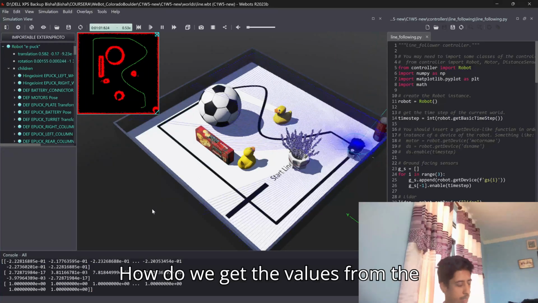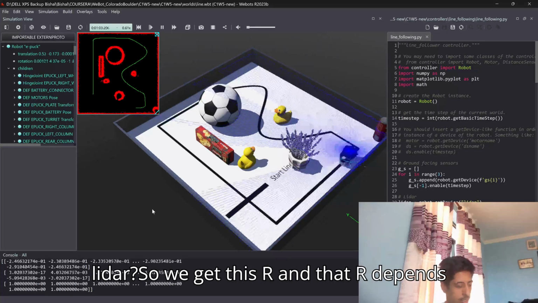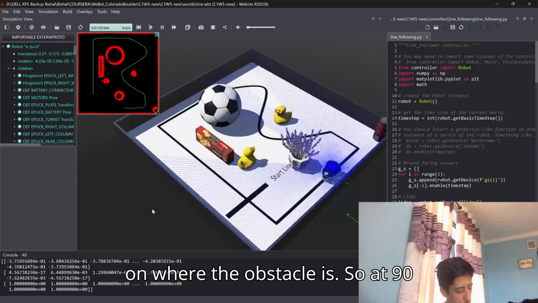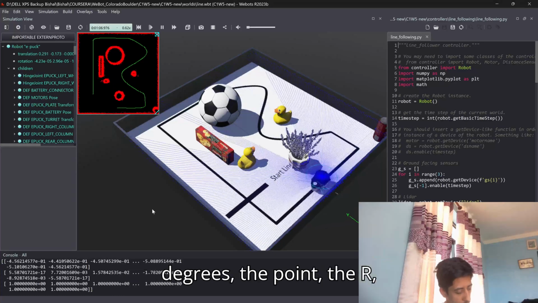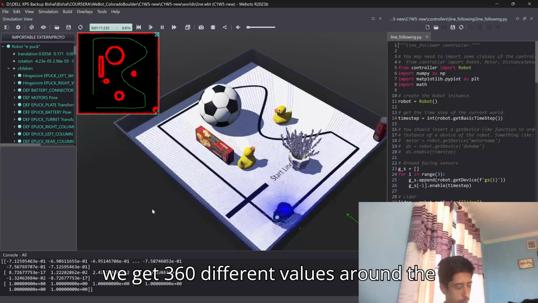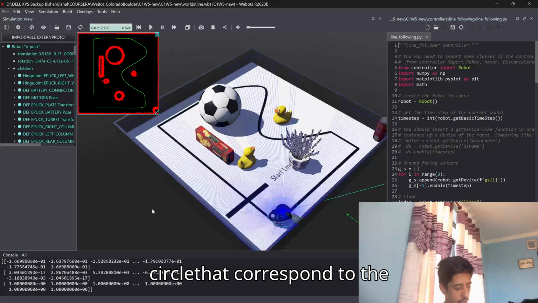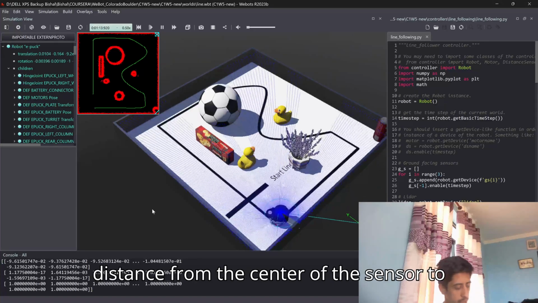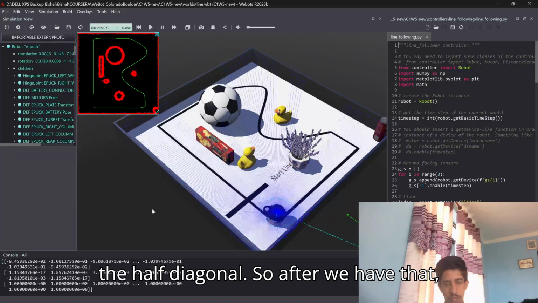So are you getting it? How do we get the values from the LiDAR? We get this r, and that r depends on where the obstacle is. At 90 degrees, r1 will be different. So we get 360 different values around the circle that correspond to the distance from the center of the sensor to the obstacle.